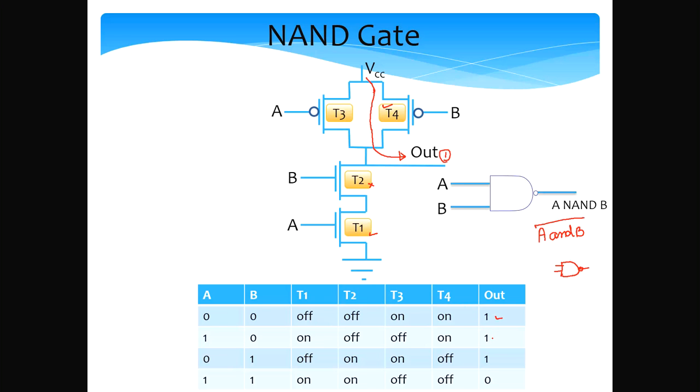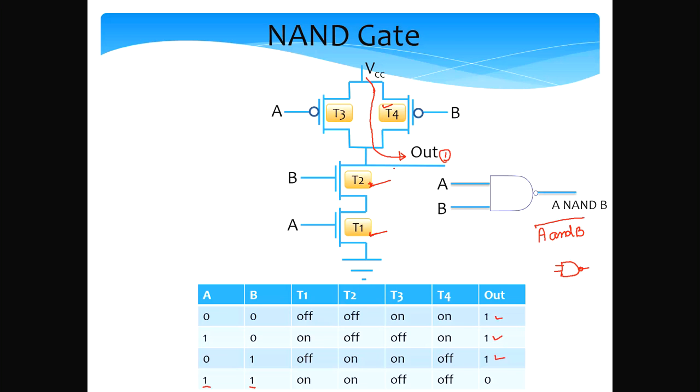I'll not be describing the other symmetric case here where A is 0 and B is 1, but the logic is very similar. So in this case also the output is a logical 1. Let us now consider the case where A is 1 and B is 1. That's important because when A and B is 1, A NAND B has to be 0. If A is 1 and B is 1, transistor T1 conducts and transistor T2 also conducts.